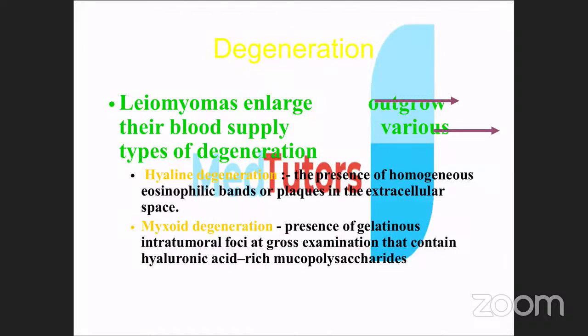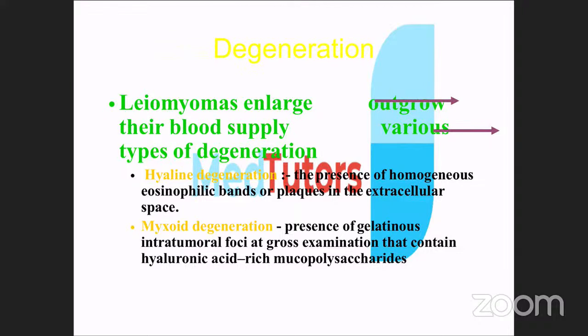Now, what are the degenerative changes? As the fibroids enlarge, they will outgrow their blood supply, and it will lead to various types of degeneration. There can be hyaline degeneration, in which there's presence of homogeneous bands or plaques of eosinophilic extracellular material.